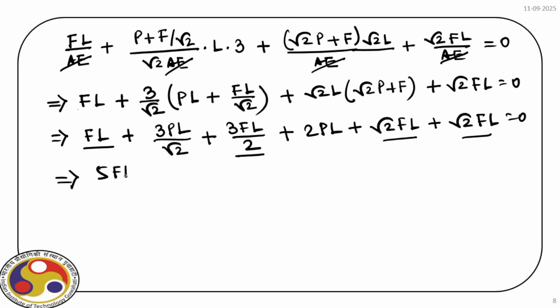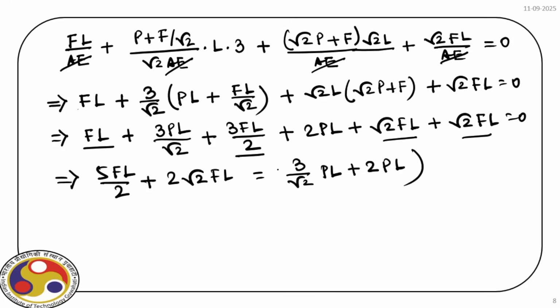So 5 FL by 2 plus 2 root 2 FL. This is equal to 3 by root 2 PL plus twice PL minus of that, right? Okay.